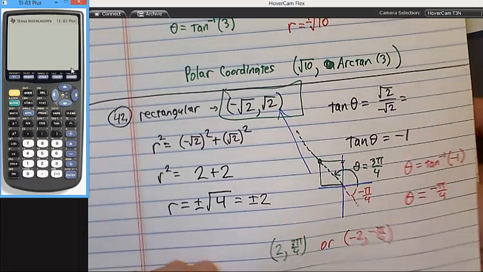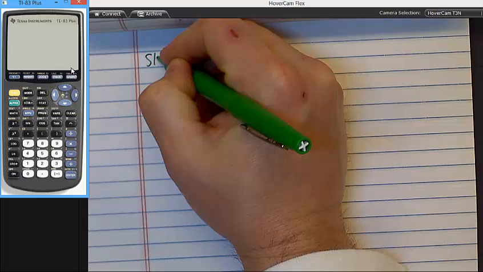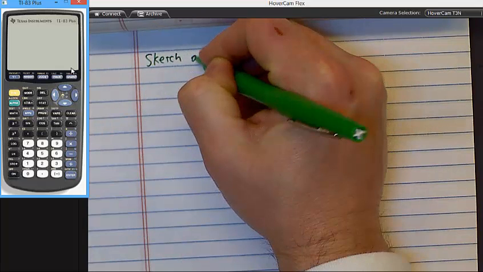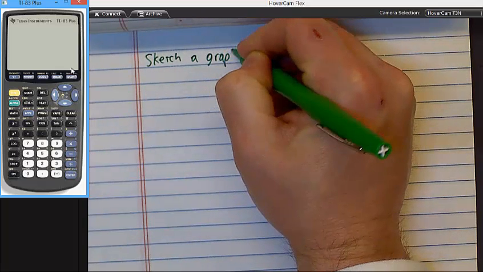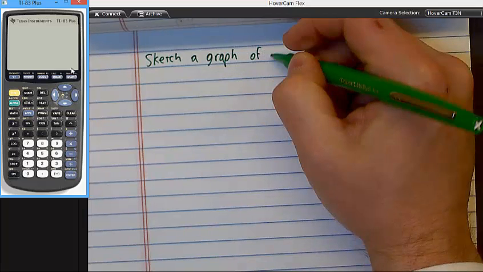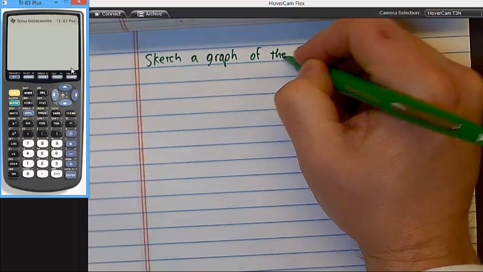It turns out that some lines are easy and some lines are not so easy in polar coordinates. But there are some things that are very simple in polar coordinates. Okay? And we'll see how this all works. So, for example, I might say I want to sketch a graph of the equation.